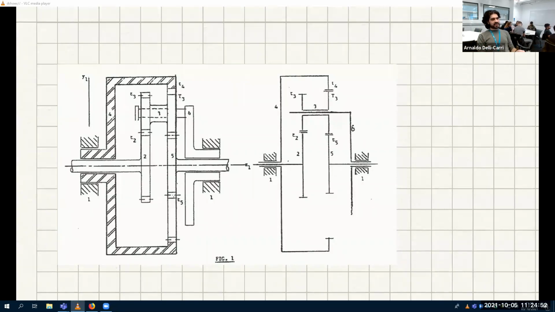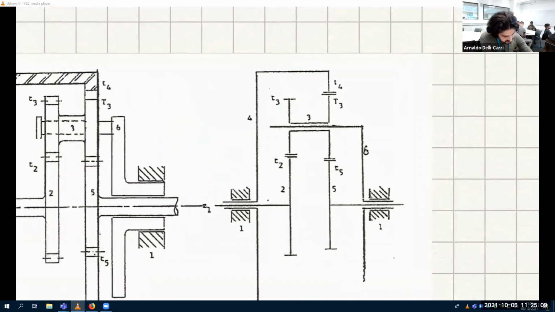Okay, now let's look at this. This is a section of the gearbox. And this is the line representation. As you can see, this looks very much like this. Now, this is a gear. This is the tooth.